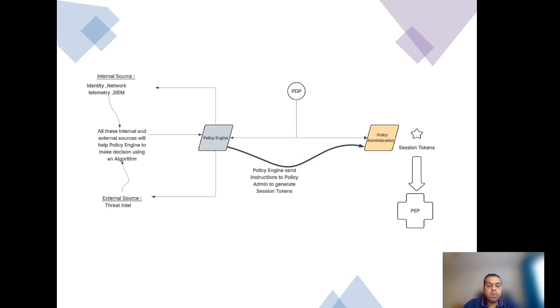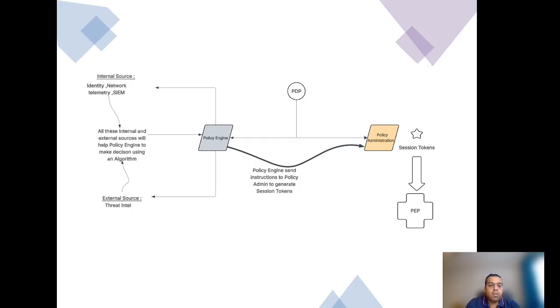So let's make it more clear with an example. Let's say you have an HR department, and an administrator defines the rule that the HR department can access the payroll application from compliant devices using multi-factor authentication. So this is the use case. For this use case, the policy decision point or PDP in the control plane gets all the contextual data from the identity platform for the HR department.